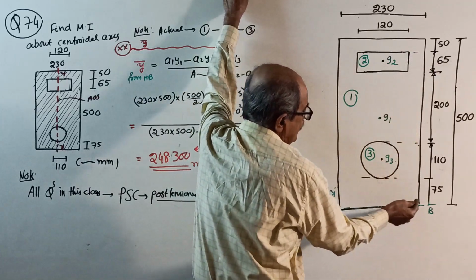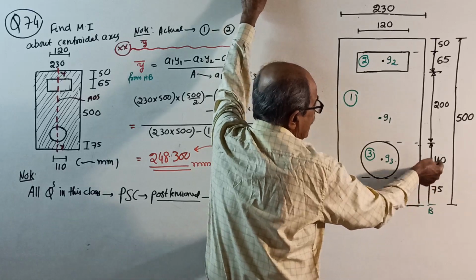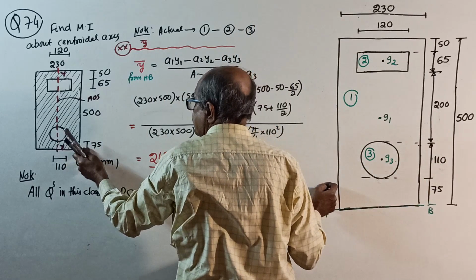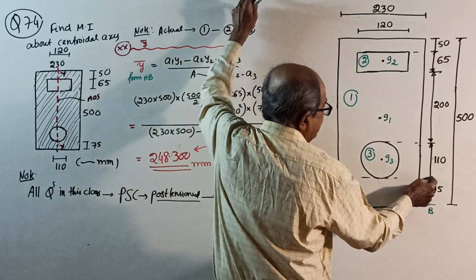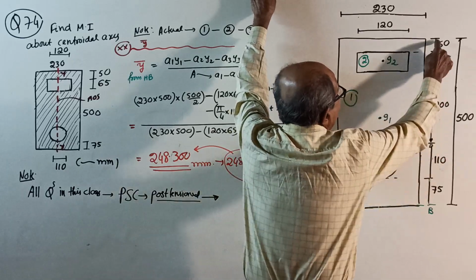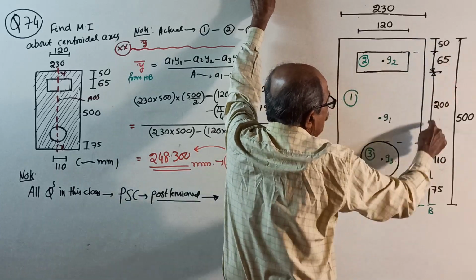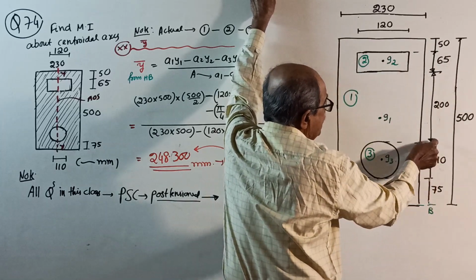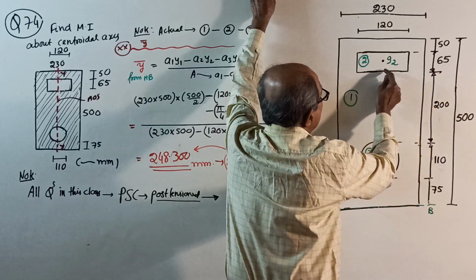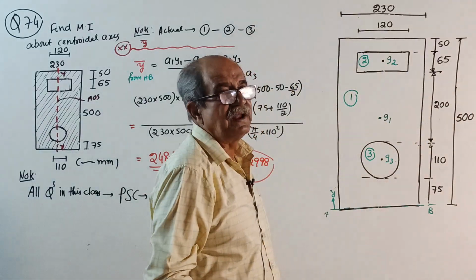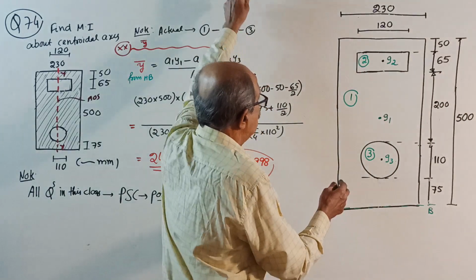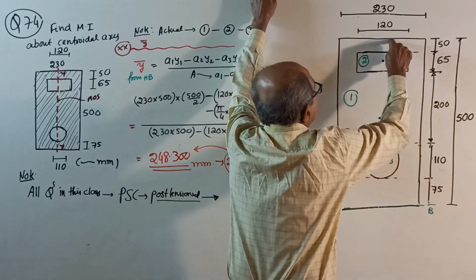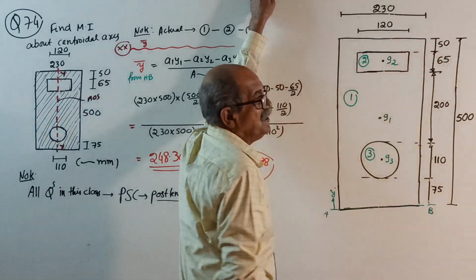From here y2 is 75 plus 110 plus 200 plus 65 by 2, since 75 is given in the question, the diameter is 110, and then there is 50 and 65, so the gap will be 200. But instead of that, directly you can do y2 equal to 500 minus 50 minus 65 by 2.